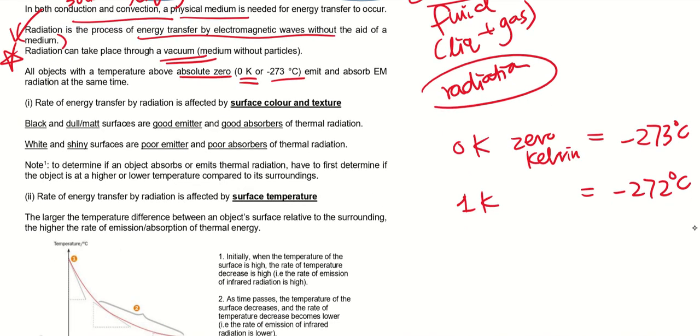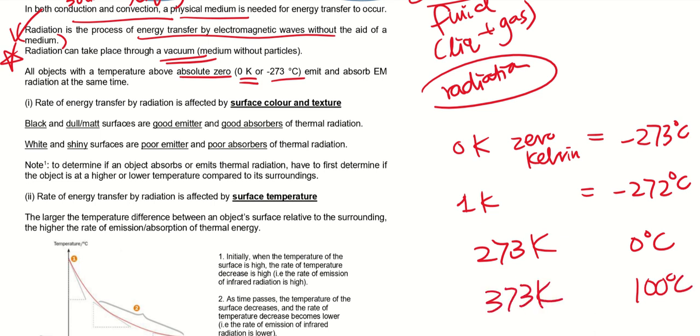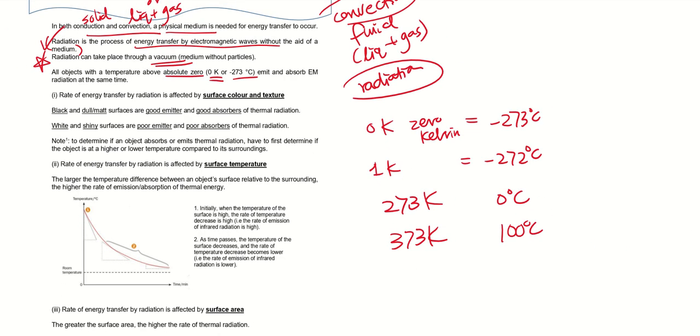Therefore, 0 degrees Celsius is 273 Kelvin. 100 degrees will then be 373 Kelvin. Every 1 degree change is equal to 1 Kelvin change. A change of 1 Kelvin is equal to a change of 1 degree Celsius.